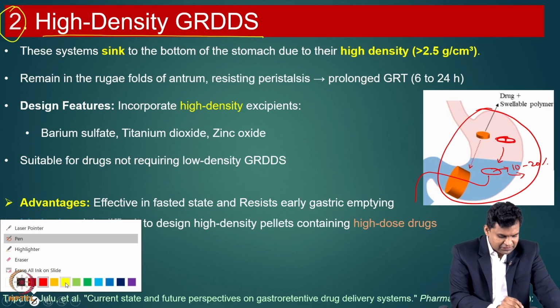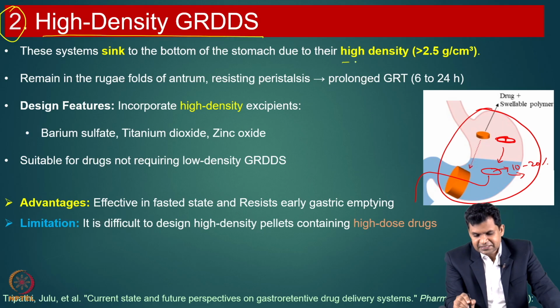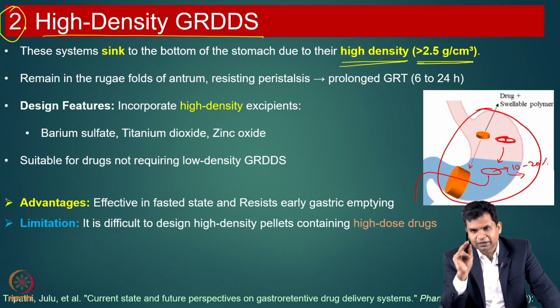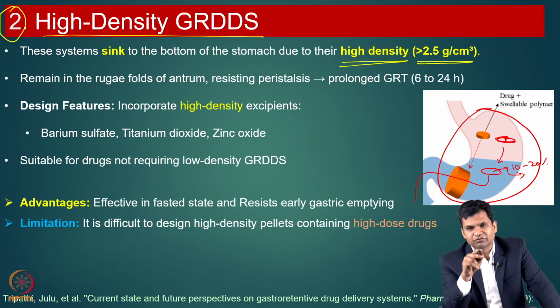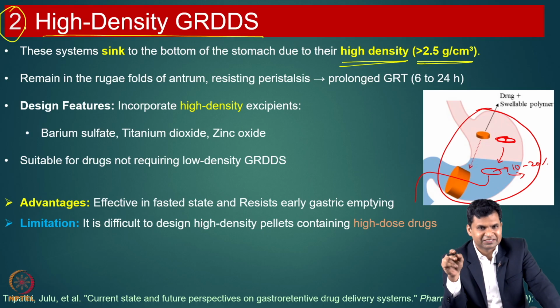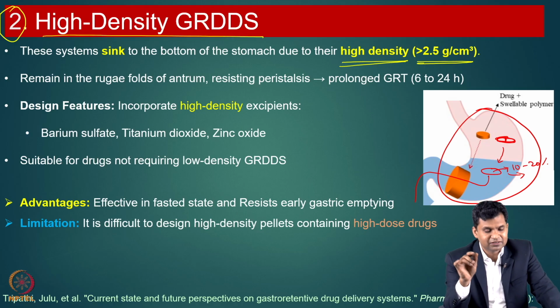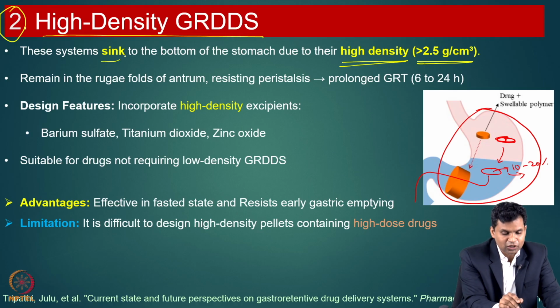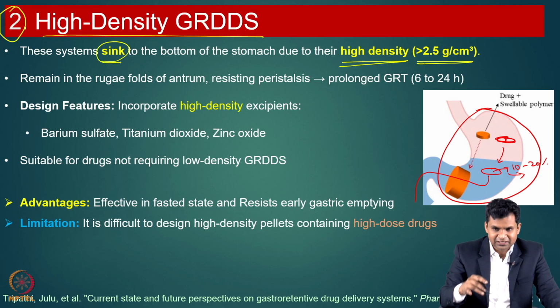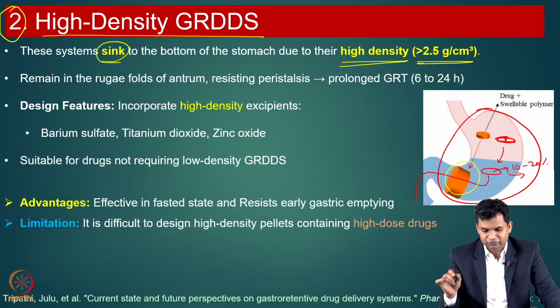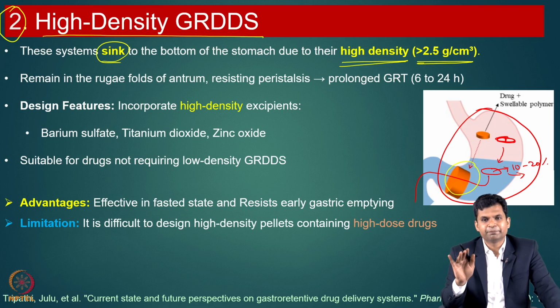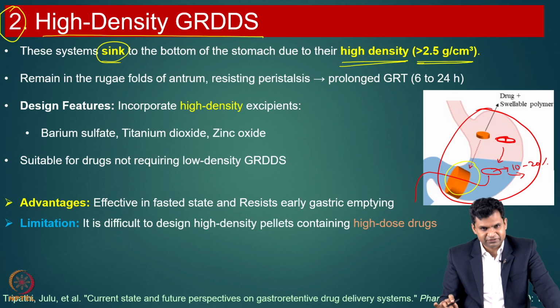Now, here you can see the density of the final dosage form is very high compared with the density of the gastric fluid. In the low density gastroretentive systems the formulation floats, but here this formulation will not float, it will sink to the bottom of the stomach. That is the principle involved in the high density gastroretentive drug delivery systems.